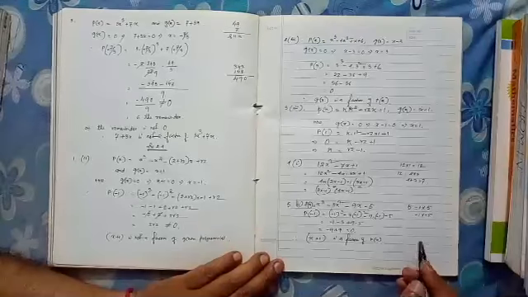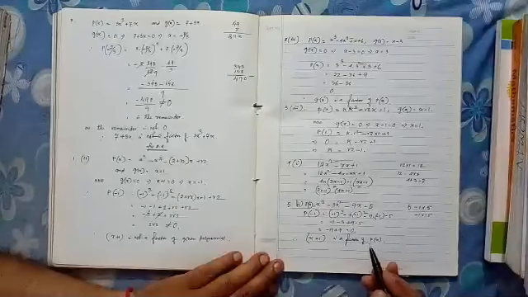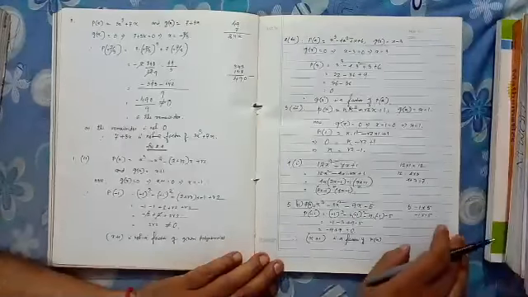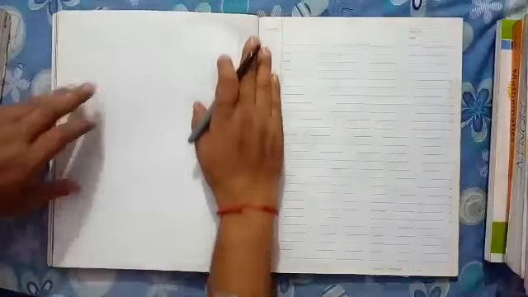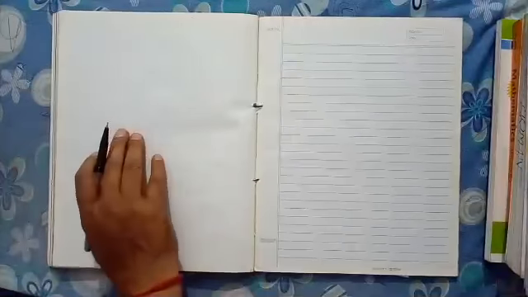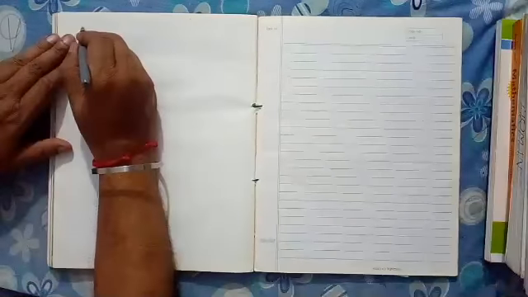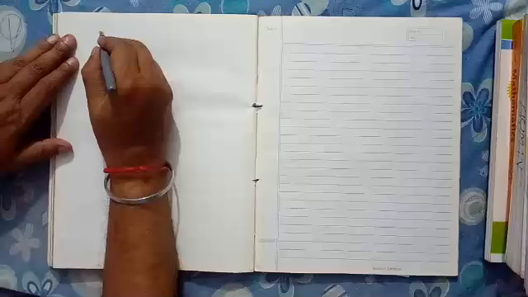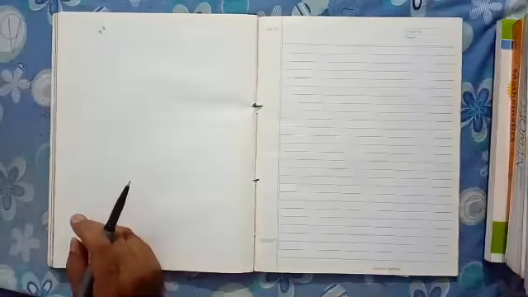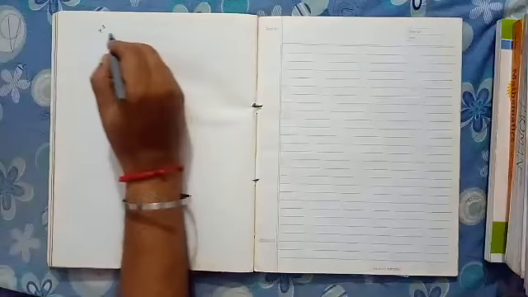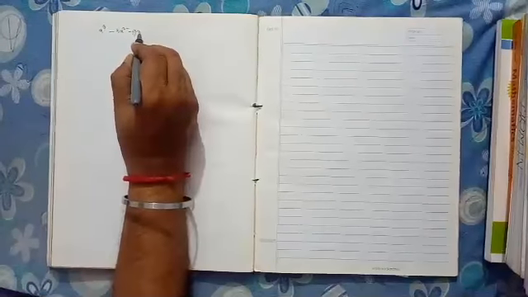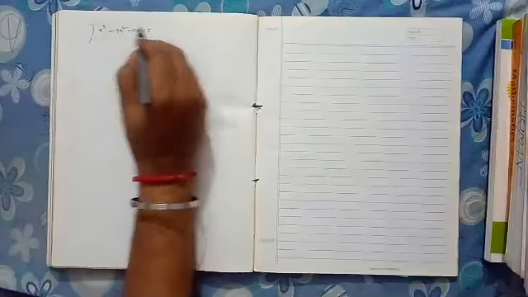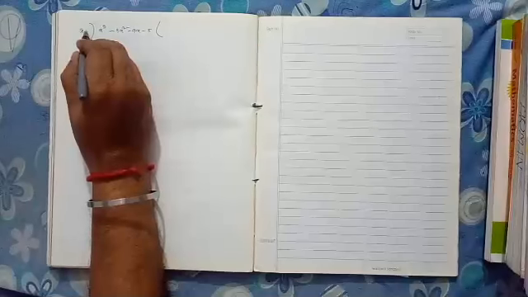Now you have to divide p of x by x plus 1. We will get p of x, that is, x cube minus 3x square minus 9x minus 5, divided by x plus 1.